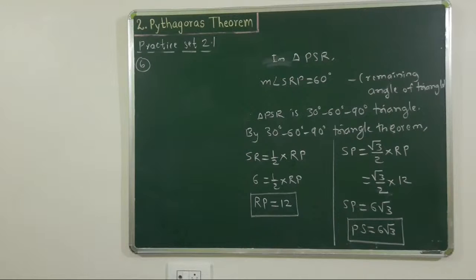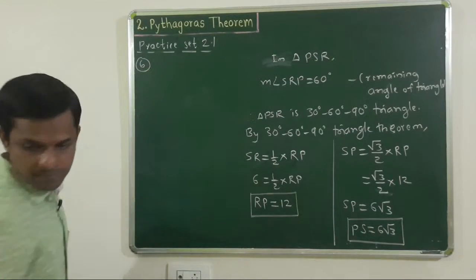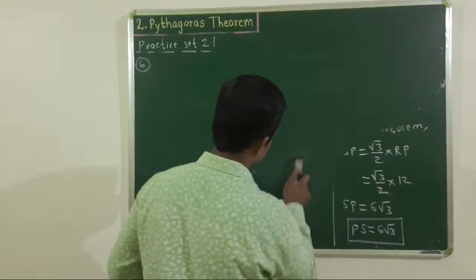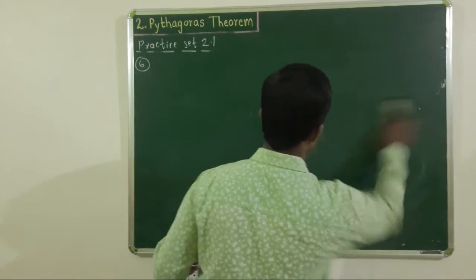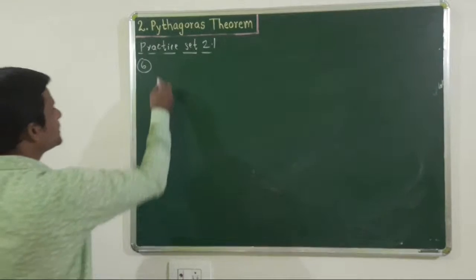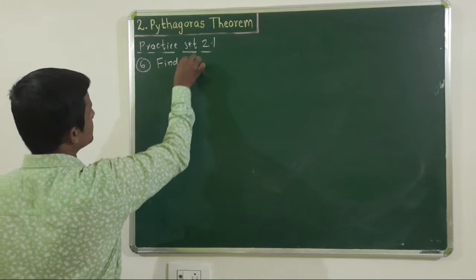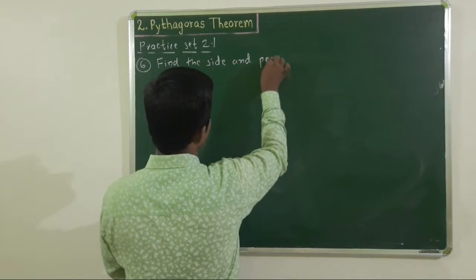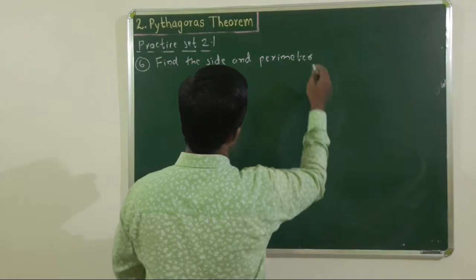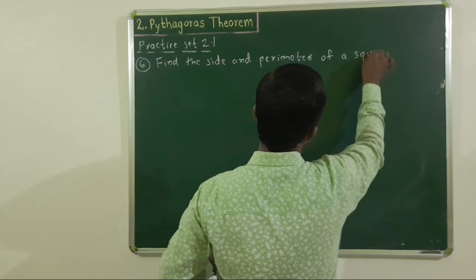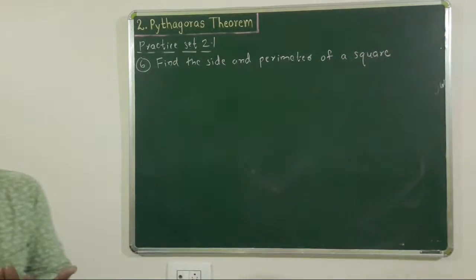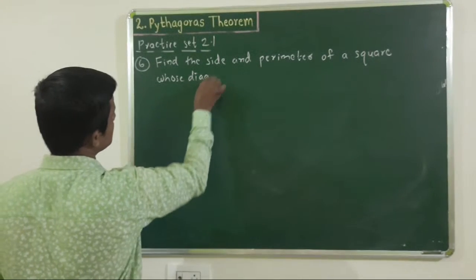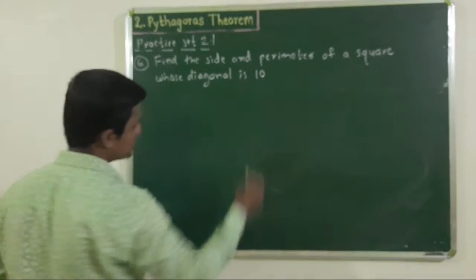Find the side and perimeter of a square whose diagonal is 10 centimeter.